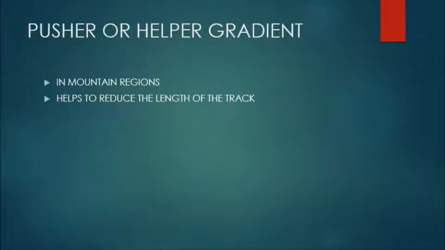But if the grade is concentrated in a specific section, such as hilly terrains, instead of limiting the train load, it may be operationally easy or even economical to run the train on the basis of the load that the engine can carry on the remaining portion of the track and arrange for an assisting engine for the portion where the gradient is severe. Such gradients are known as pusher or helper gradients.